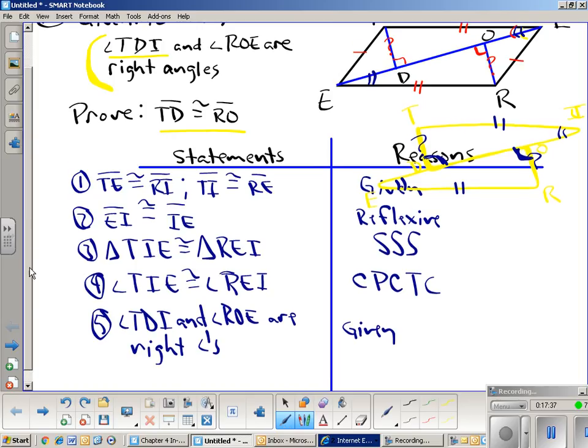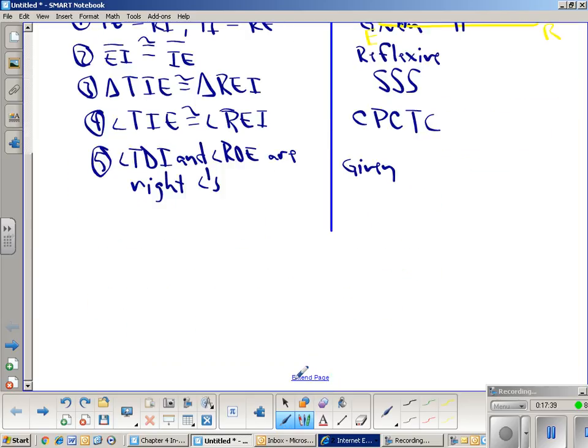Okay? And then we already said it, but we didn't write it yet. Why is it valuable to know those two are right angles? Because they're equal. So angle TDI is congruent to angle ROE because right angles are congruent.